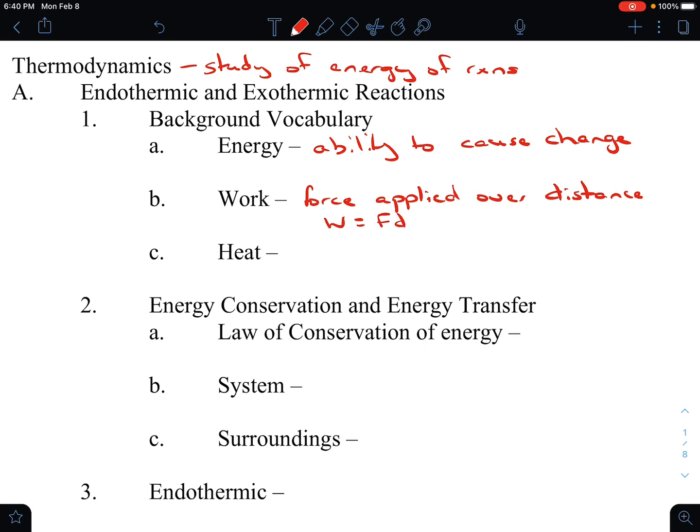Then we have heat. Heat is the transfer of energy from high to low. And so we really haven't used that term correctly in terms of our house. Turn the heat on, well, we're trying to heat up the room, or get the energy to be higher so it feels warmer. But again, it's a little tough there.